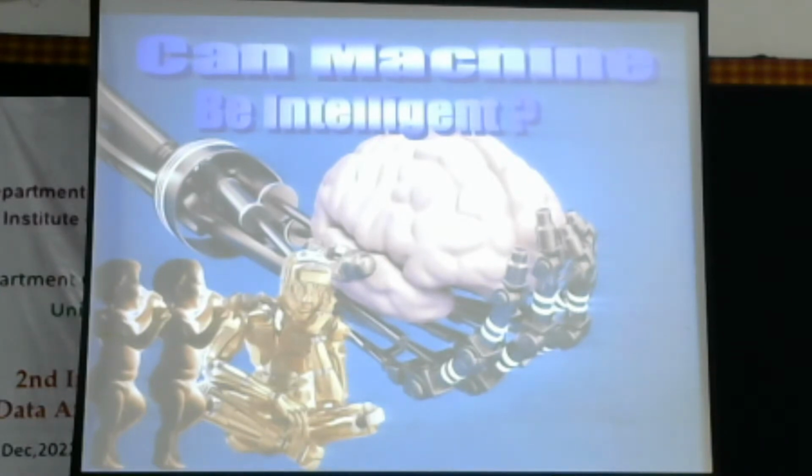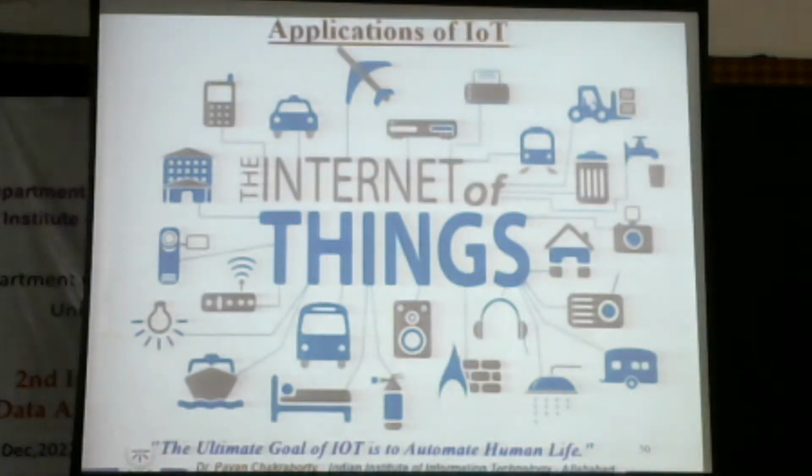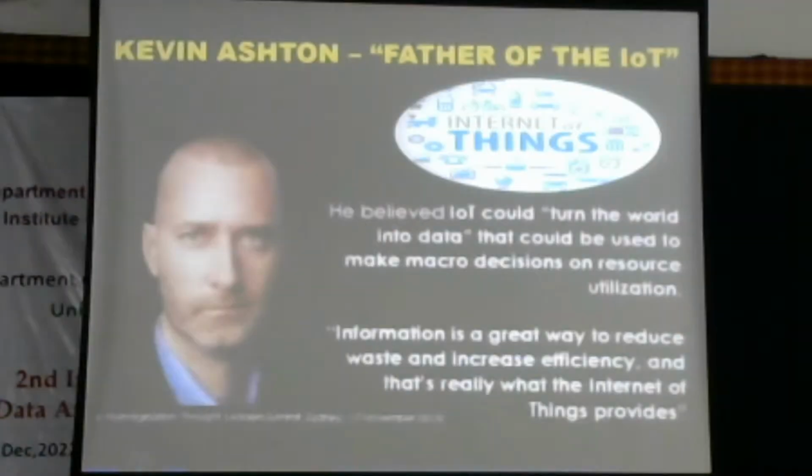So can a machine be intelligent? This is a domain called the Internet of Things. Can I make smart cities, smart houses, smart things, which is what we now hear about, like smart watches, where it's collecting data from different domains? Basically this is the father of IoT.